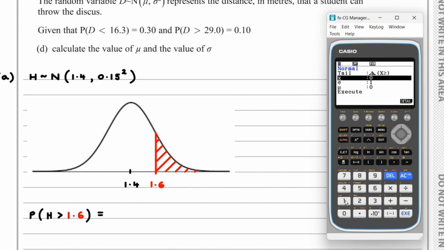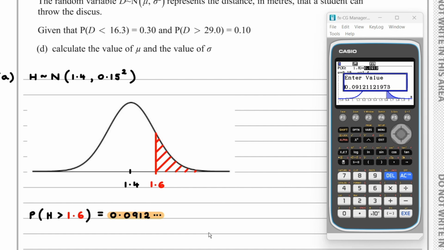X here is 1.6. Sigma is 0.15. Mu is 1.4. And if we work this out, what you will find is the probability that h is greater than 1.6 is equal to 0.0912, etc.